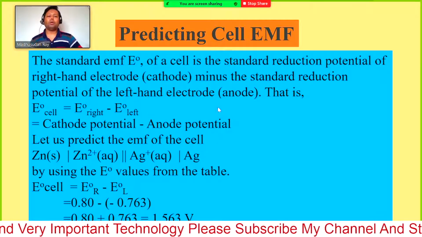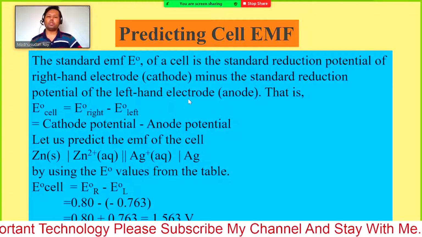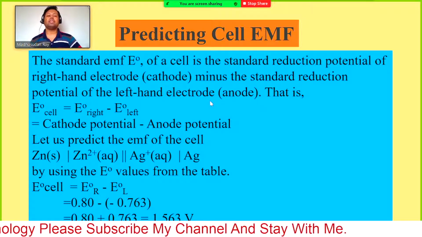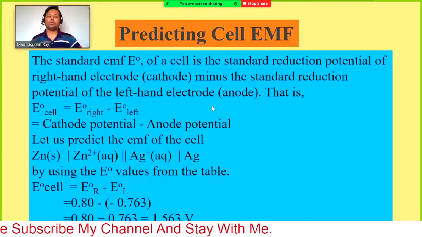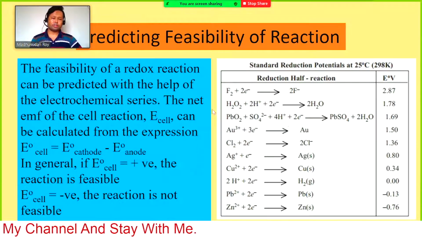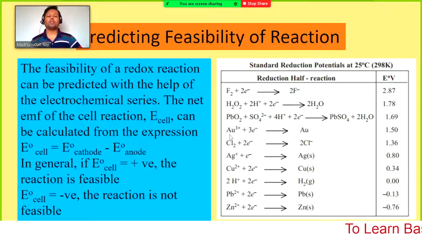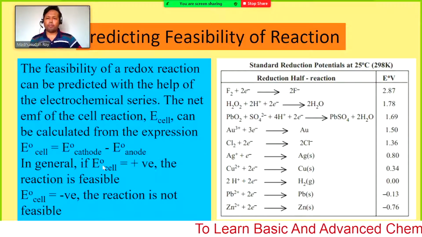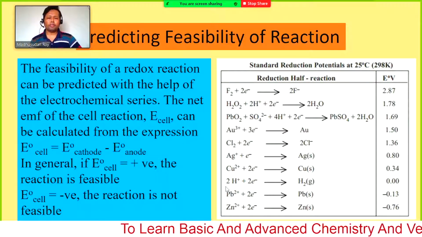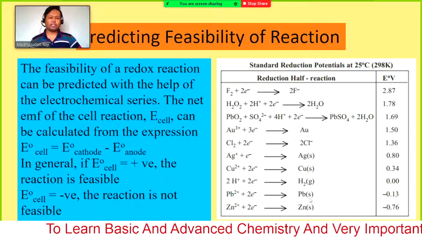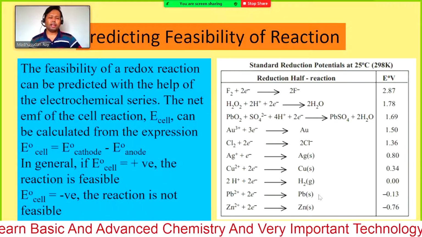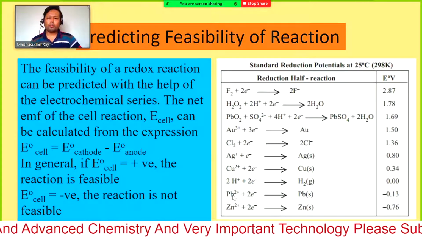For both electrodes we are considering reduction, because most of the time, if there is some ion, the ion tries to get electrons, therefore we are considering it this way. If you have something opposite, say zinc, sorry, lead, then you need to think the opposite way.